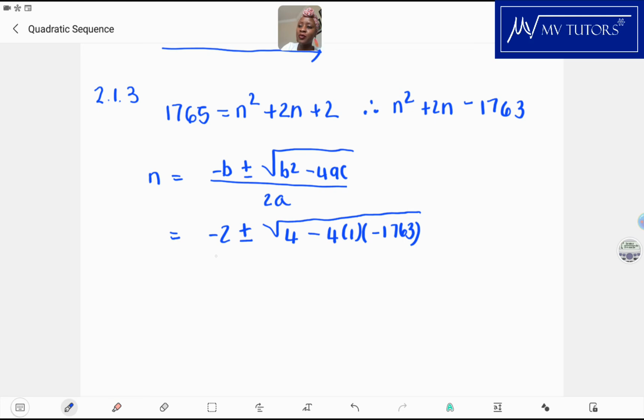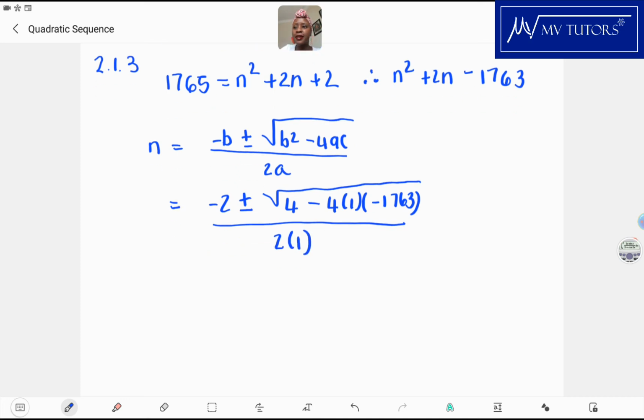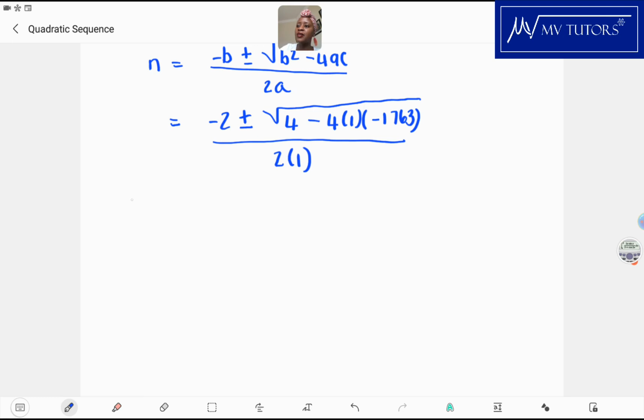If c were not negative, you wouldn't have any roots. So 2a, and let's just plug this in the calculator and get the values for n. Just a recap, remember n can only be positive, and it has to be a whole number, not a decimal, not a fraction, not a negative number.